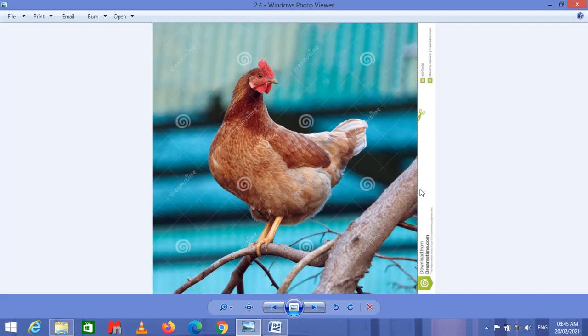Similarly, you may have seen a lot of birds and animals which maintain their balance by sitting on the twig of trees. This is stored in their cerebellum.